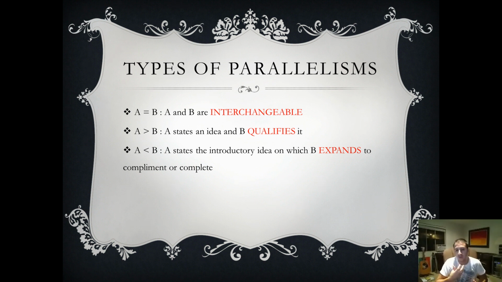It's more important that you understand what the author is doing than it is to classify it. So don't necessarily waste time trying to decide whether it's a parallelism of expansion or continuation or intensification. Just know what the author is doing, and that's good enough.